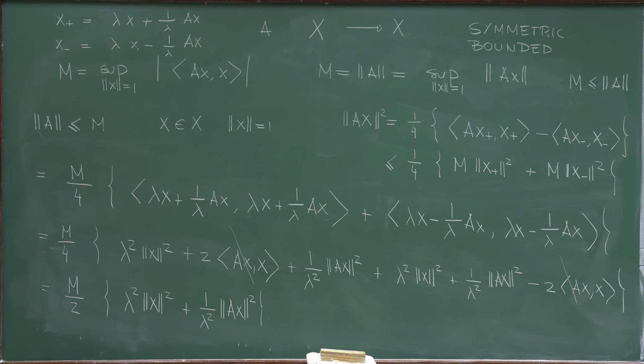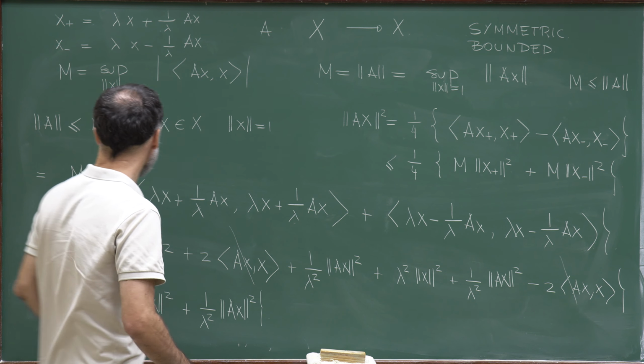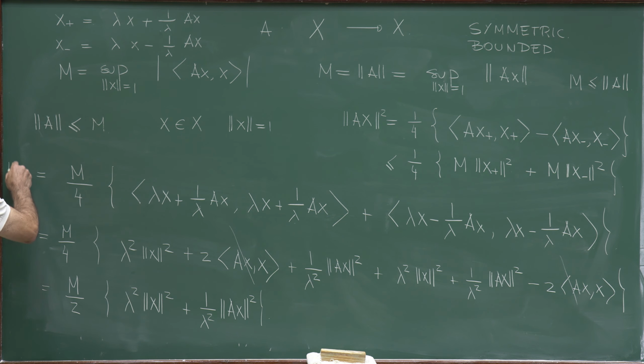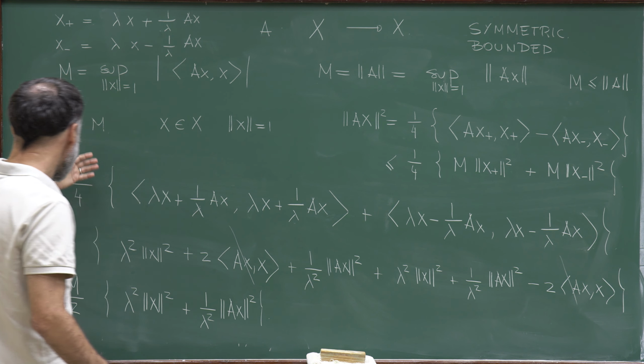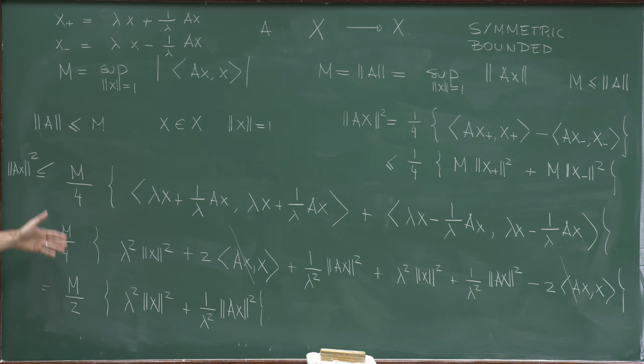So what we obtained up to now is that ax square, let me write it here, is less or equal than this expression. Remember, we have this less or equal, and here it's a sequence of identities. So ax square is bounded by m divided by 2 times this expression.